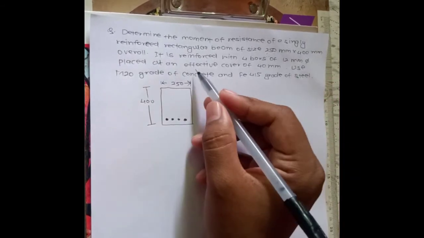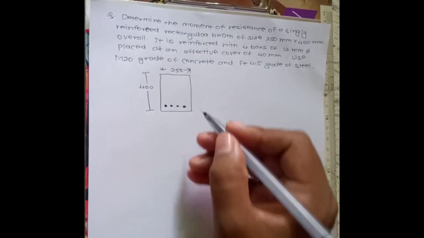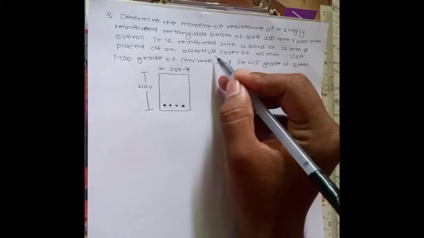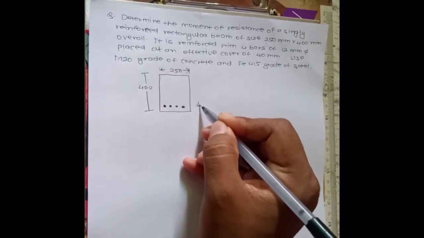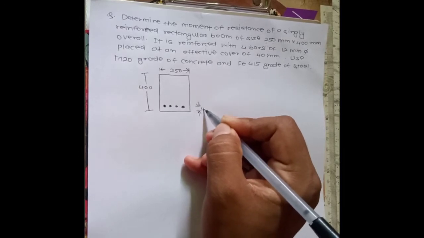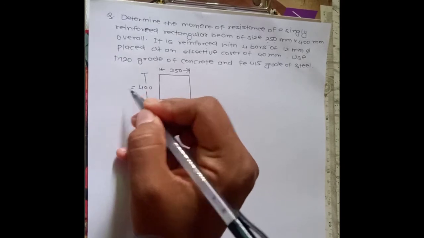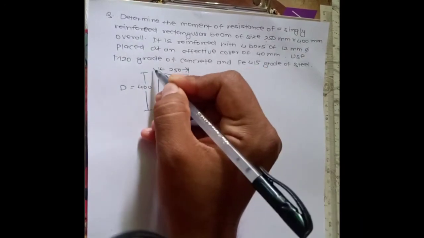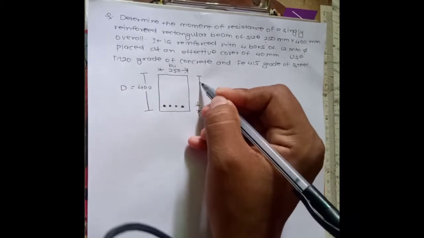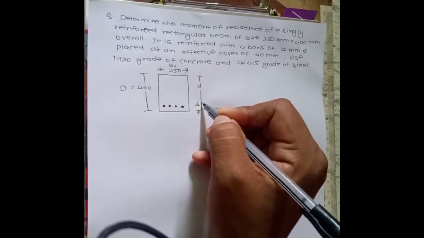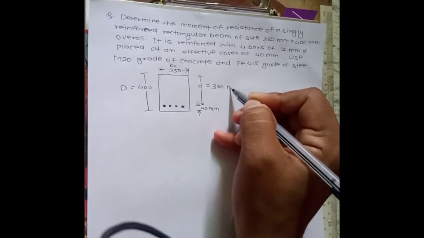And then we have the given effective cover of 40 mm. Effective cover of 40 mm means this distance is 40 mm, and this is the capital D and this is B. So we get the small d as 360 mm.